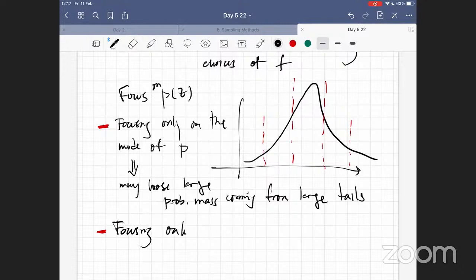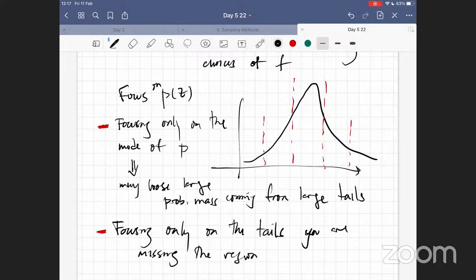Focusing only on the tails is obviously bad, right? Because you're missing the region of high probability mass, which is the mode and the surroundings.